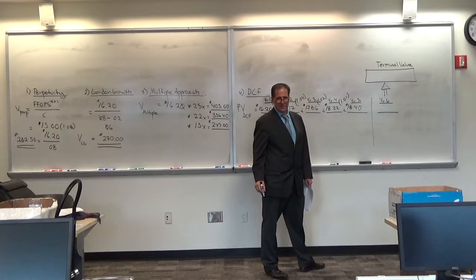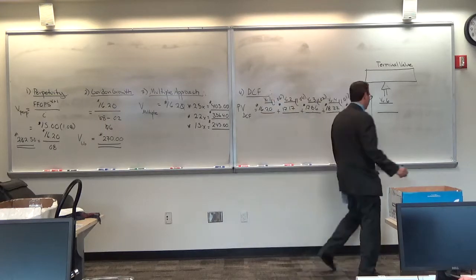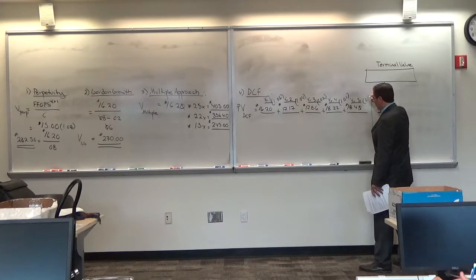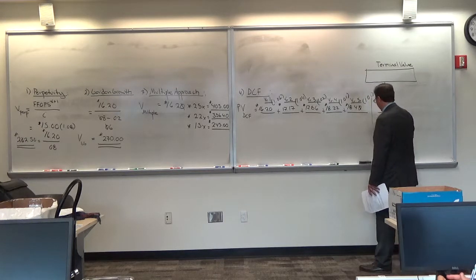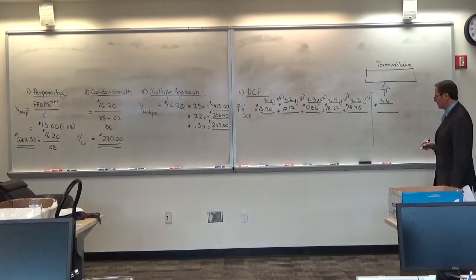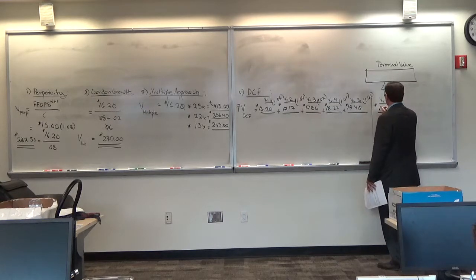Year 6. We have to calculate the 6-year cash flow. 18.40 times 1.01, and that gives us what? 18.59.